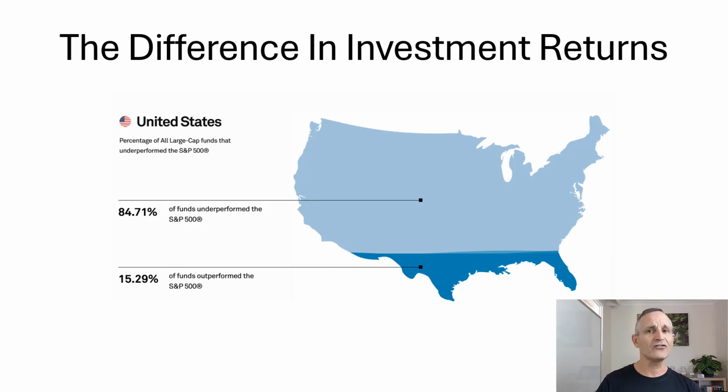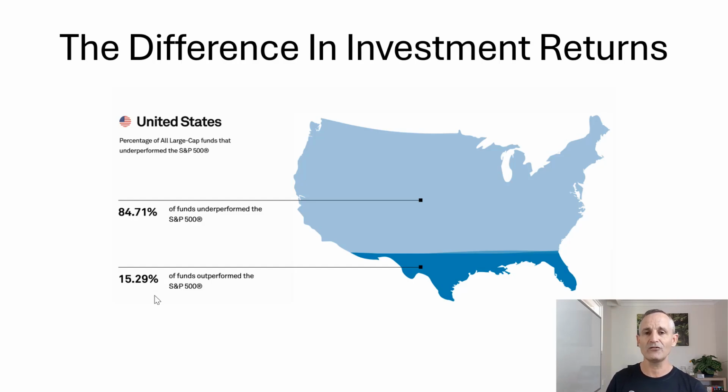If you're in the US and you're investing using US managed funds, over the last 15 years, and this is actually research from one of the biggest investment houses in the US, 84.71% of managed funds in the US, so these are funds that are trying to beat the index, over a 15-year period could not do better than the index.